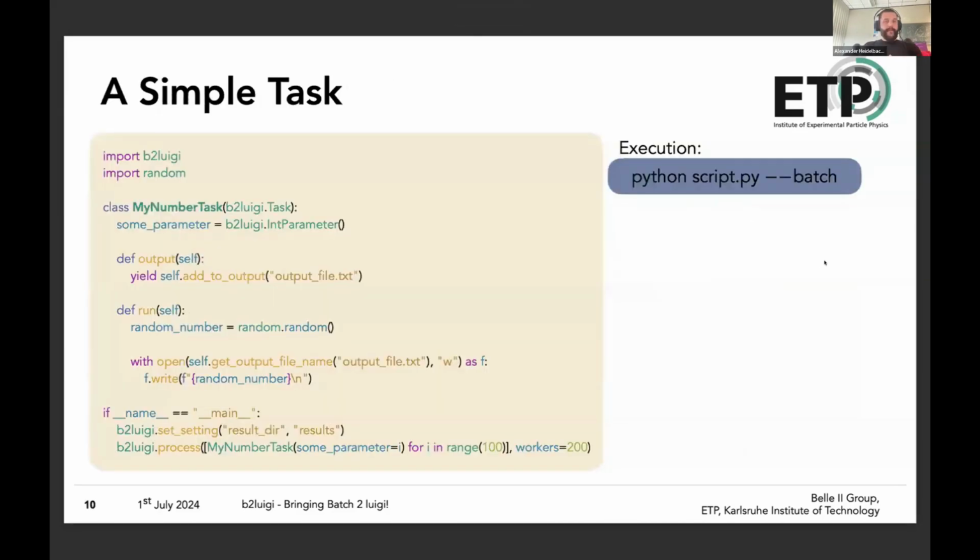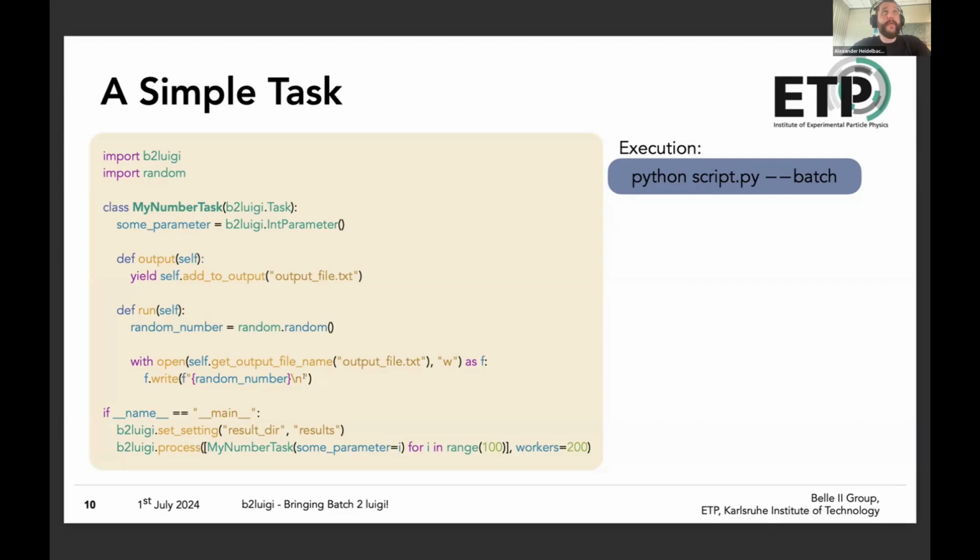So, diving in with an example of how a b2luigi task can run. By the way, from here on, I will not make the big difference between Luigi and b2luigi. I will just talk about it as one project, mainly seen from the b2luigi side. And you can see here just a simple task that does nothing fancy, just generates a random number, writes it into a file and saves this file.